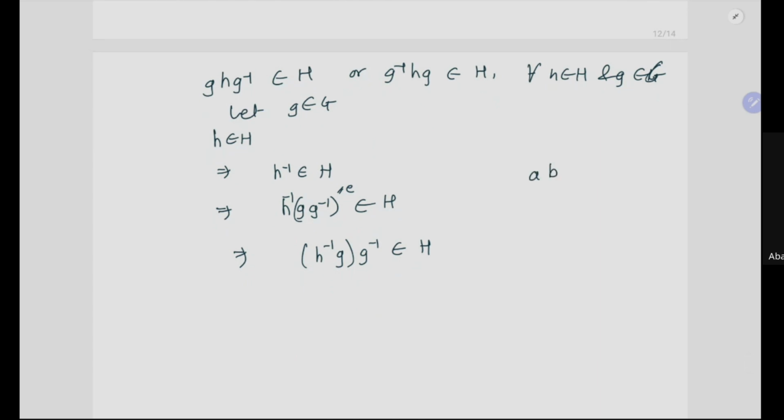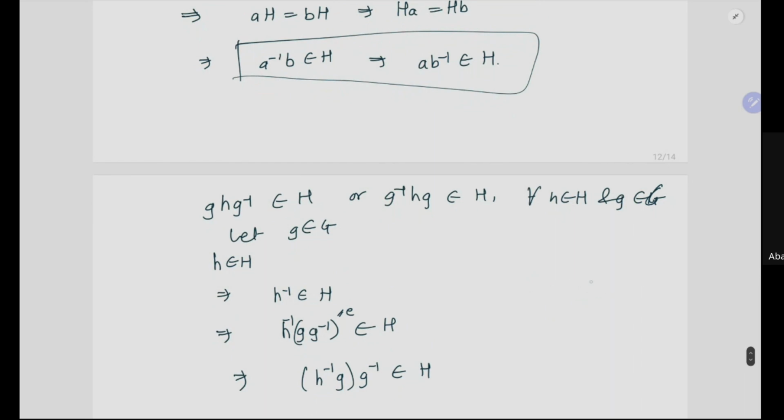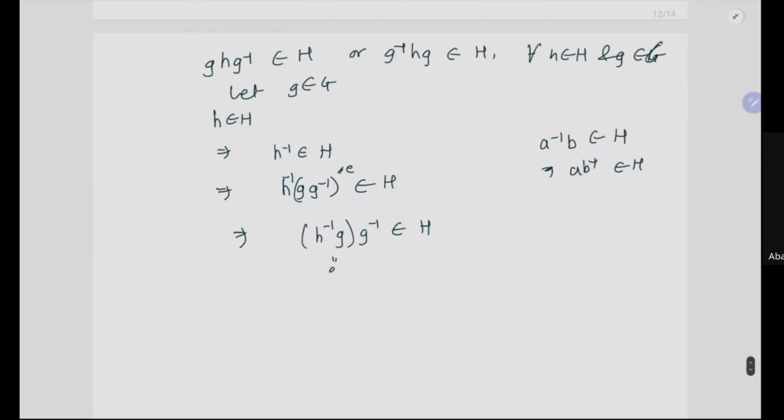And what we have proved is that if A inverse B belongs to H, then AB inverse belongs to H. So if I take this to be our A, this B, then this implies that this H inverse G inverse belongs to H. Here it was B, so we got B inverse, and here it was A inverse, so we got A. So it is like the inverse of both the elements.